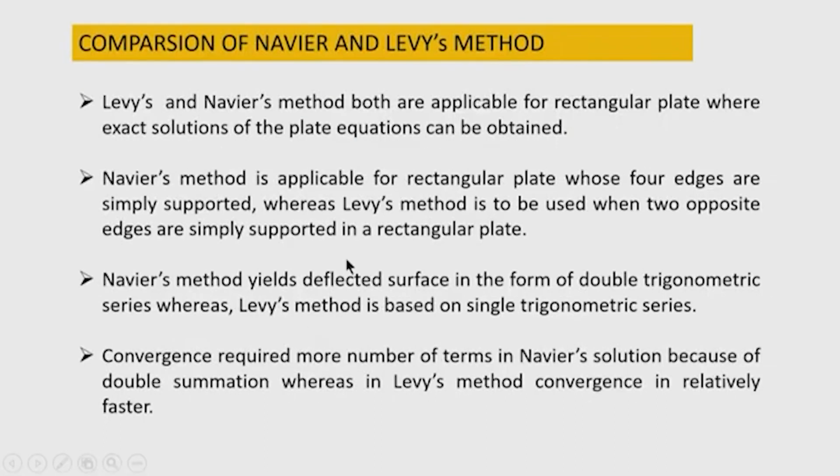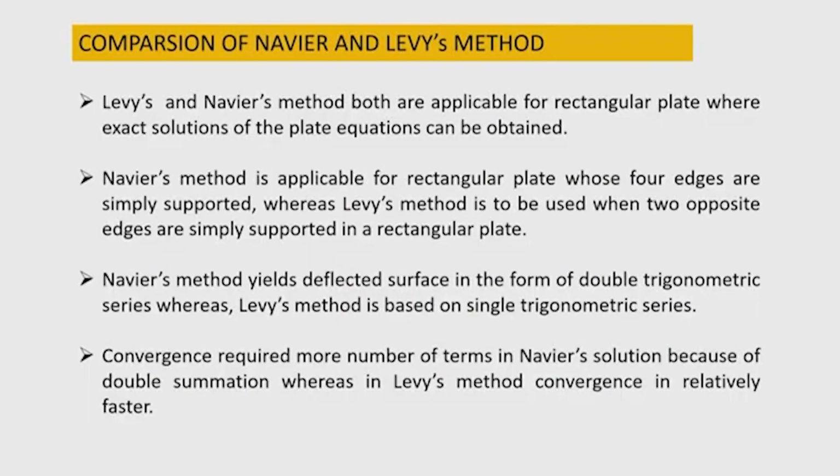So, if we compare the two methods that we have learned so far, one is Navier's method and the other is Levy's method. Navier's method is specifically applicable to a rectangular plate which has 4 edges simply supported. That condition must be satisfied first, then we can use Navier's method.